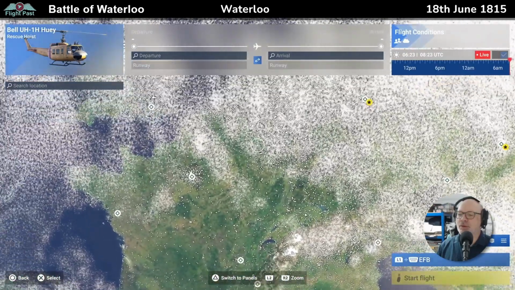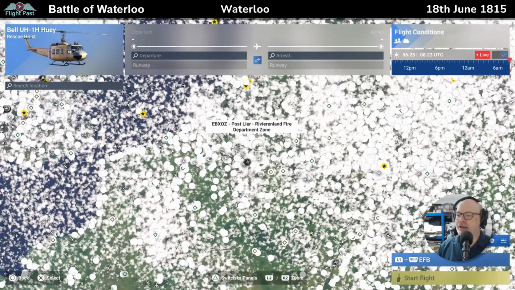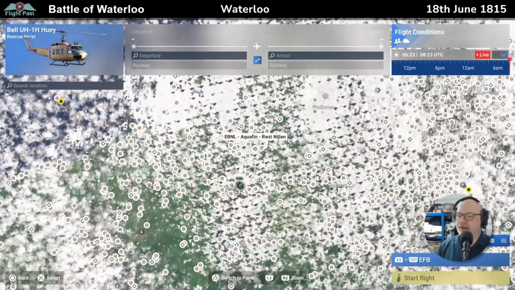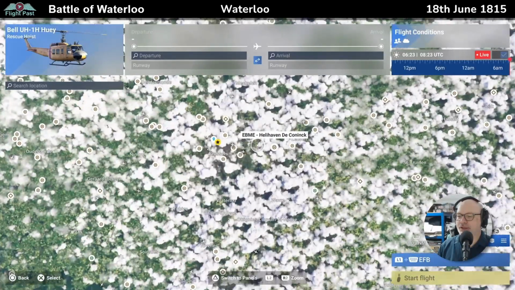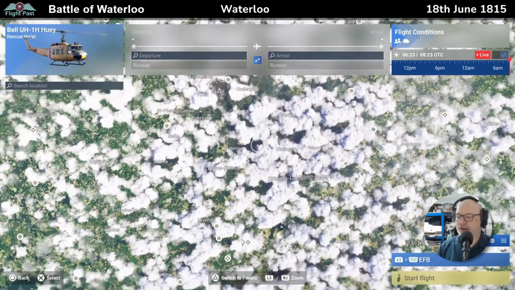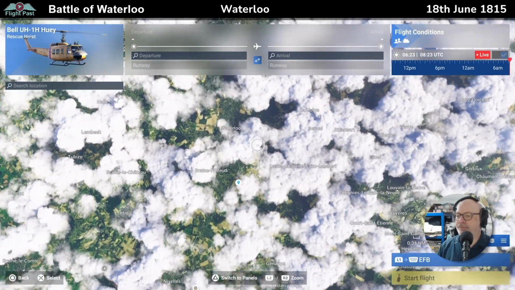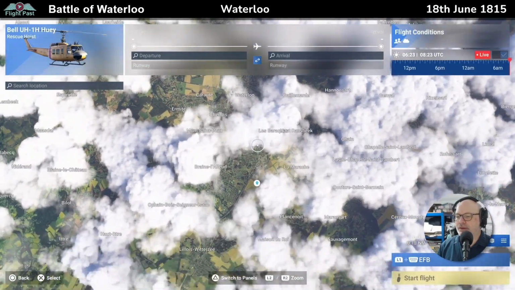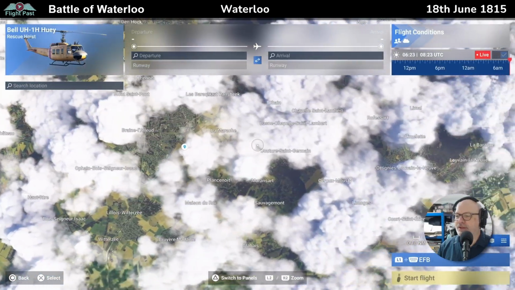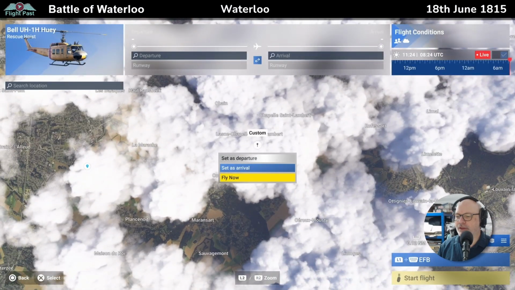If you were following yesterday, the 4th Corps of the Prussian army under the command of Bulow had been forming up in this area here, which we should start off with. We'll just start there, fly there.